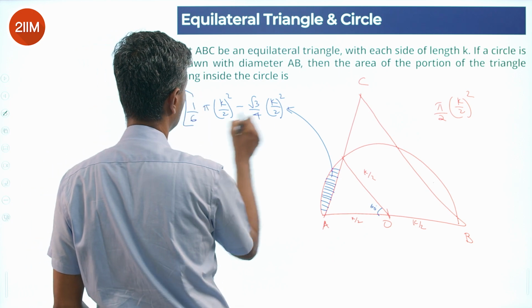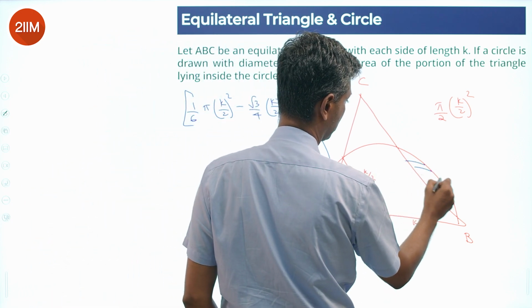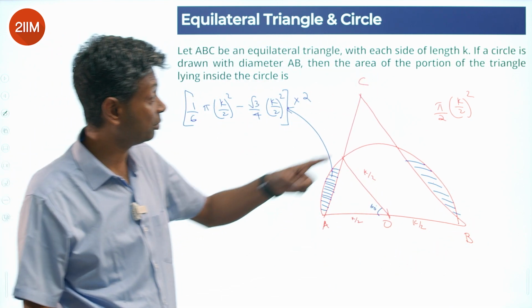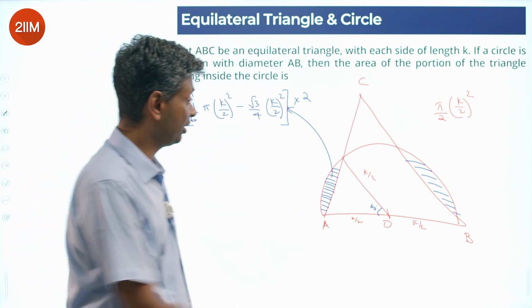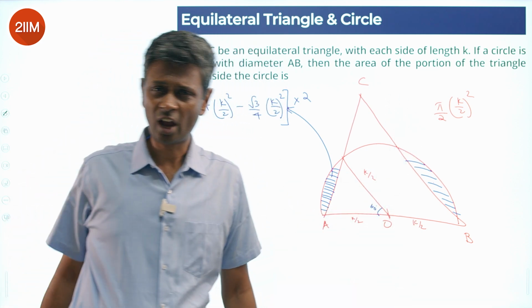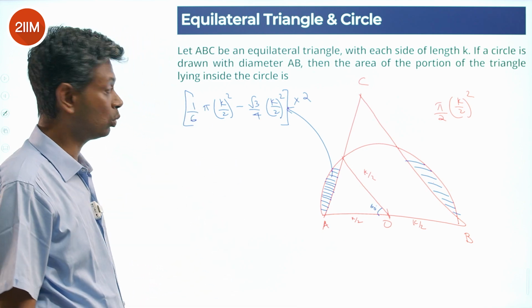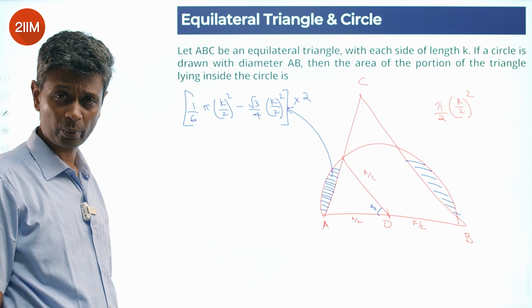This into 2 is this plus this. From the area of the semicircle, if we subtract this, we'll get the remaining. After this, we need to be just careful with the math. So pi by 6 into K by 2 whole square minus √3 by 4 into K by 2 whole square.